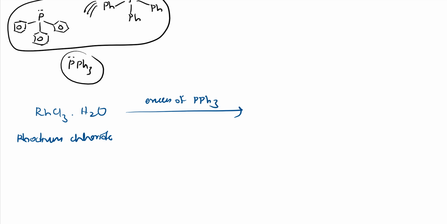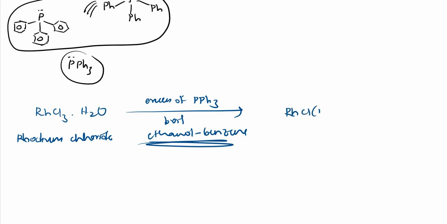As solvent I will use ethanol and benzene, mixing these two solvents, and I will boil it using excess of PPh3. So I will get RhCl(PPh3)3, which is nothing but the Wilkinson catalyst.